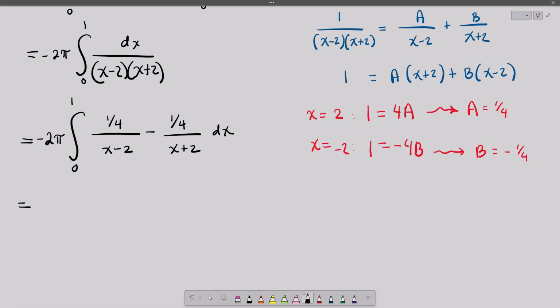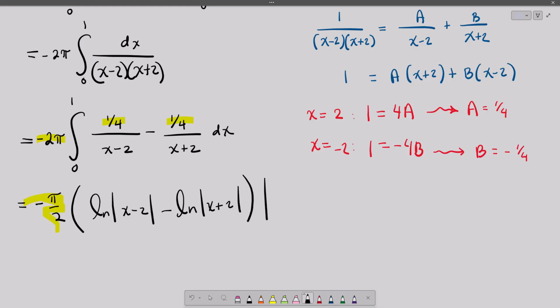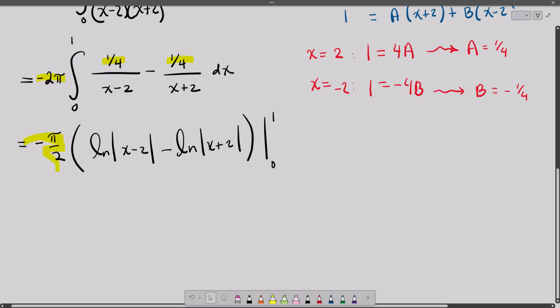So we'll factor out the 1/4 and get -pi/2. So we'll factor this to the front and combine those. And then the integral of x minus 2 in the denominator, natural log, absolute value of x minus 2. So we get that.